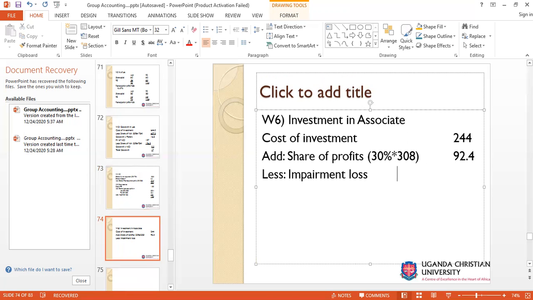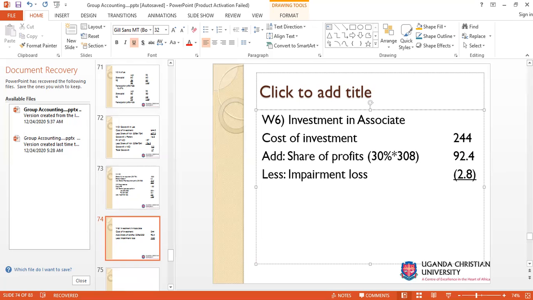Someone may ask, why are we putting it both in retained earnings and the investment in associate? This is an asset, so we reduce the asset, obviously, because it's the one that was impaired. Then, because the reduction, which is an impairment loss, is an expense, we debit the retained earnings. That's why we debit the retained earnings, and we also reduce the asset here.